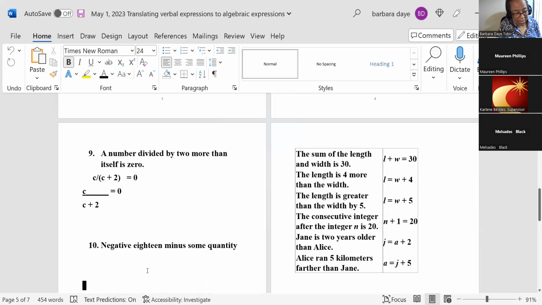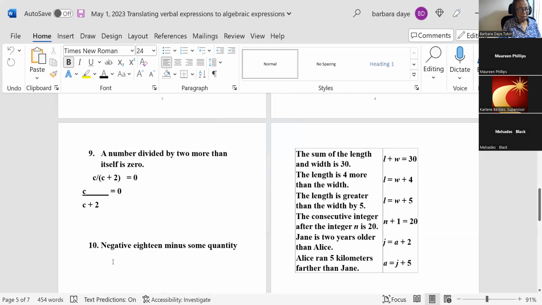Negative 18 minus some quantity. So what do I write? Anybody? What do you put for negative 18?